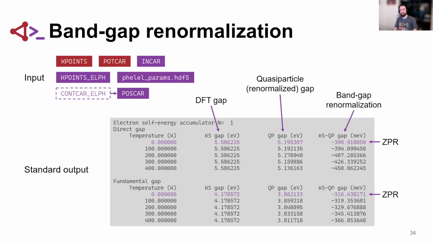Increasing the temperature closes the gap. It's not always the case, but it is a thing that I've seen many, many times before. And then it also gives you just the difference of the two values, which is the actual renormalization. So at zero temperature, this is exactly the value of the ZPR. For the direct gap, that would be 390 millielectron volts.